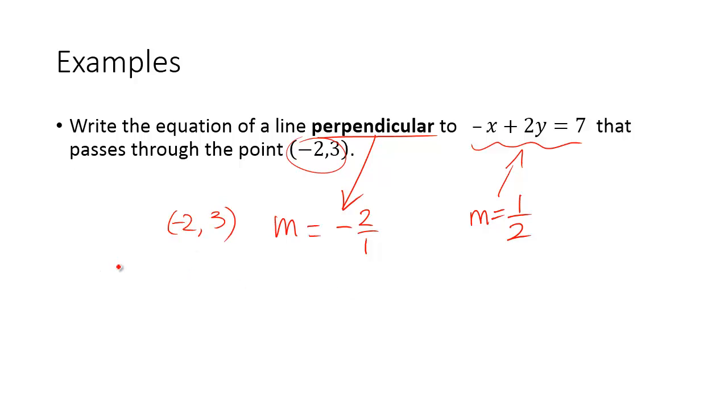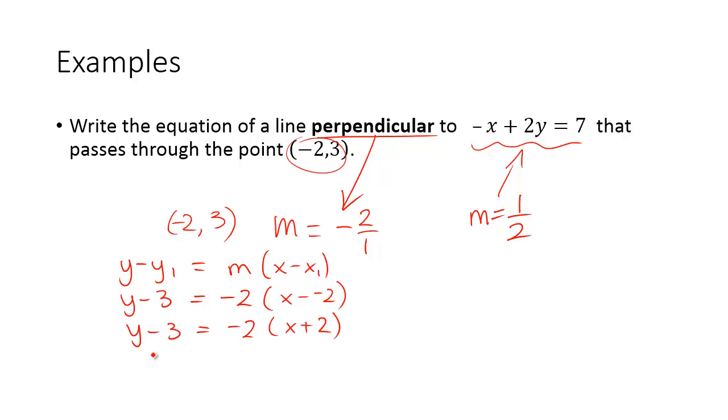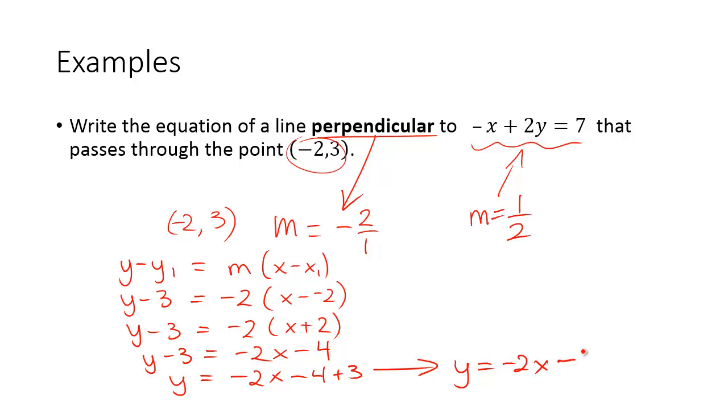So we can try the process again. So we get y equals negative 2x minus 1, and these lines will be perpendicular to each other.